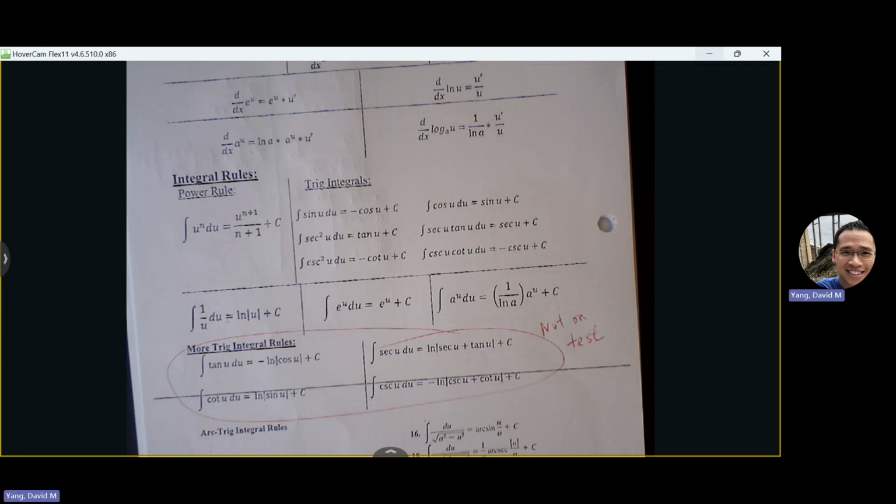I just want to make sure I went over an arc trig problem that had complete the square, since you'll see it on the test tomorrow.